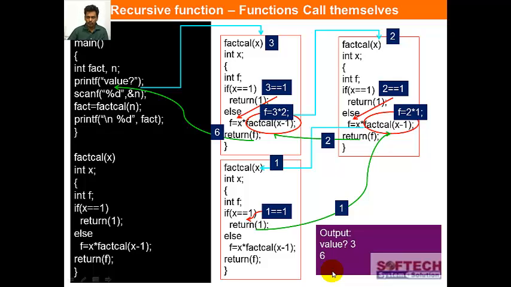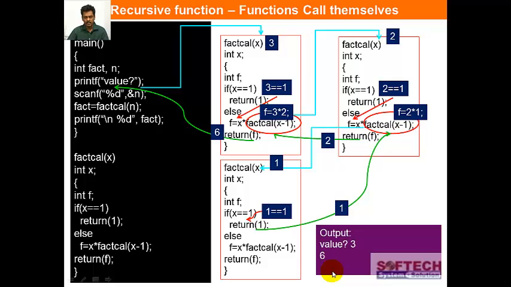We can solve all kinds of problems without using a recursive function. A recursive function only reduces the number of lines. There is no specific problem that can only be solved by a recursive function.